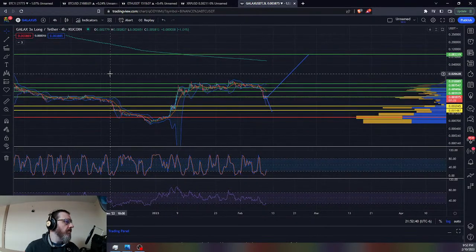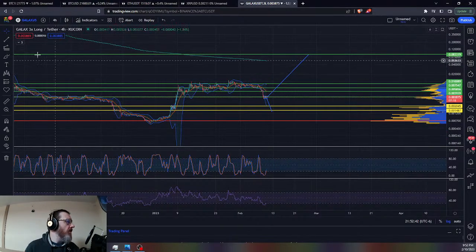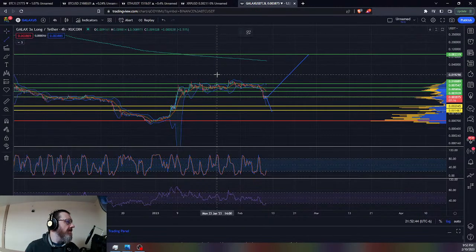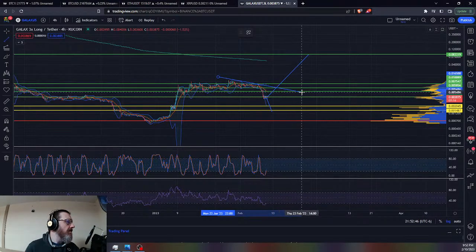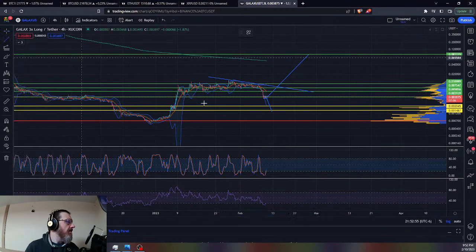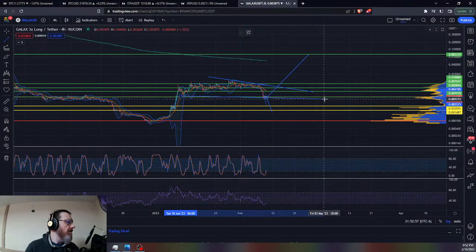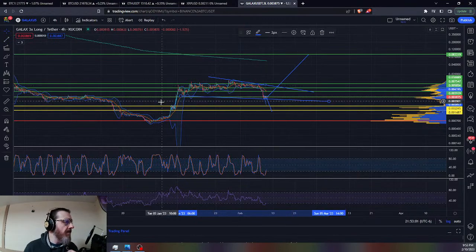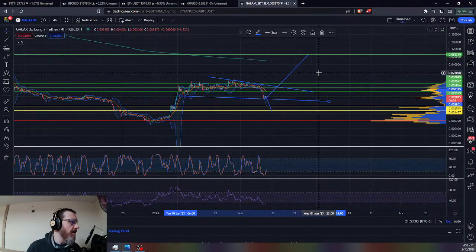So it would make more sense to me if we made the move up, and this really is kind of a falling wedge that's forming here.